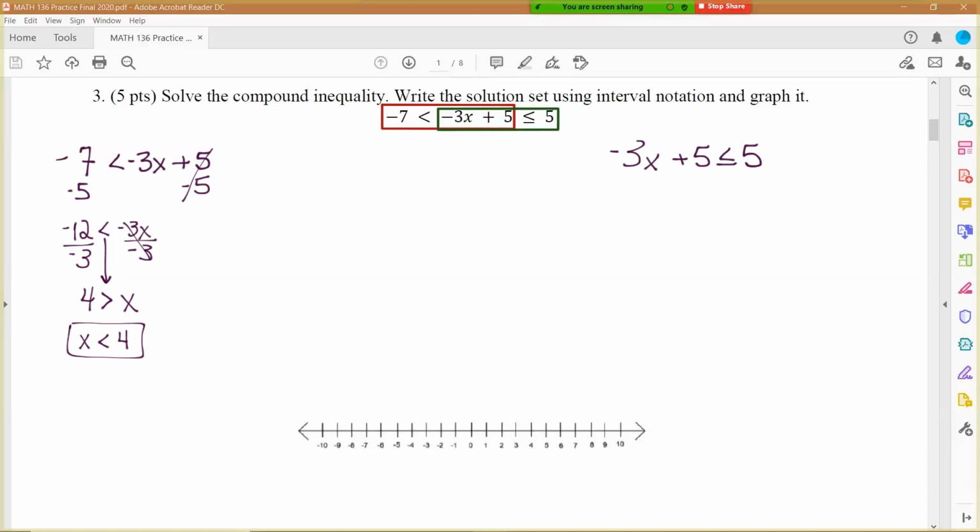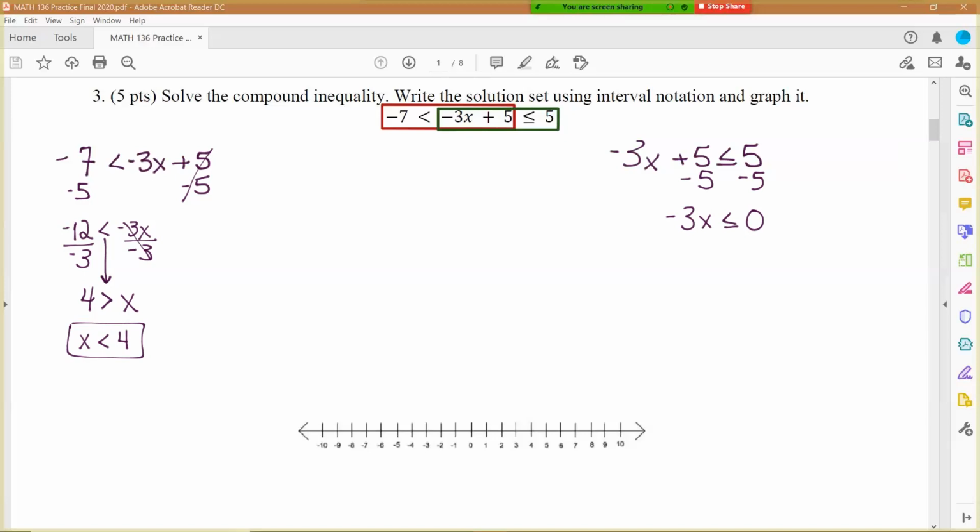Then we're going to do a similar process on the other question. We're going to, again, solve for x, subtracting 5 from both sides. So now we have -3x is less than or equal to 0.